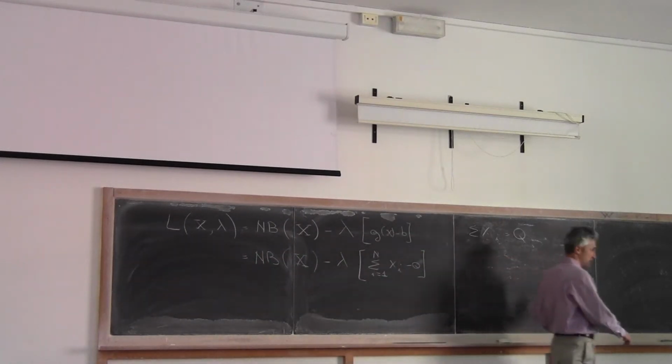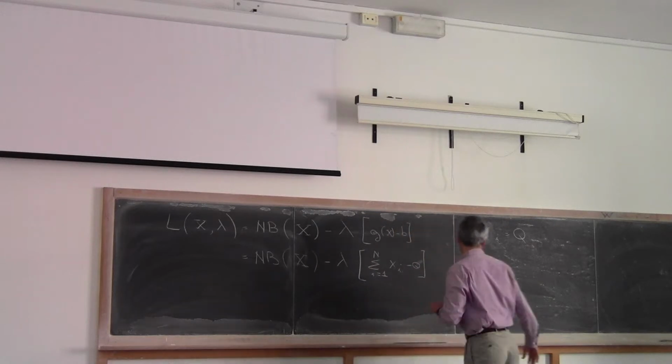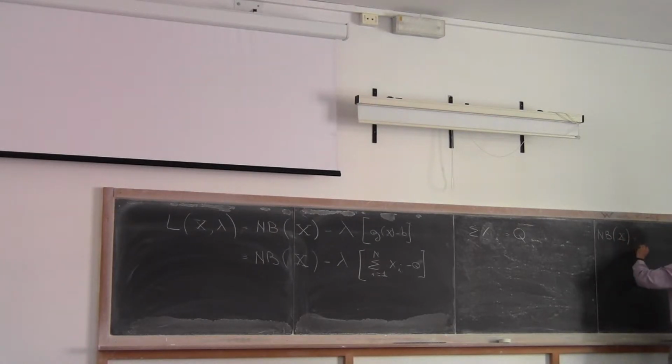And by using a special case of objective function, the net benefit function, which, if I'm not wrong, is given by MB of X equal to the sum for i equal 1 to n of Ai multiplied by 1 minus exponential of minus Bi Xi. Let me see if I remember. I think this was the objective function that you considered.